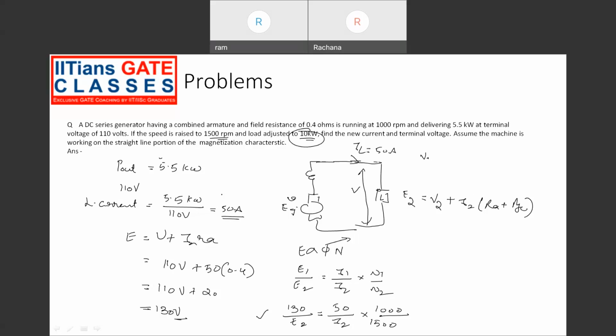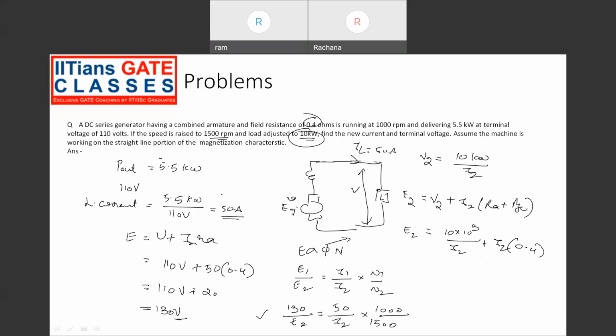Then I can write V2 equal to 10 kilowatt by I2. V2 can be written as 10 into 10 cube by I2, plus I2 into Ra plus Rsc. They have given that the combined resistance is 0.4.